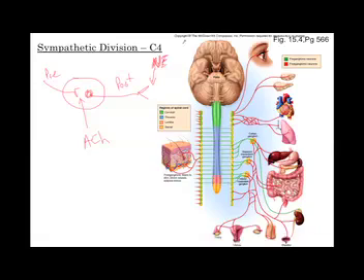There are some instances, with some skin glands, where the postganglionic fiber does release acetylcholine instead. That's an exception to the rule. It's just simpler if we know that the postganglionic fiber secretes norepinephrine.